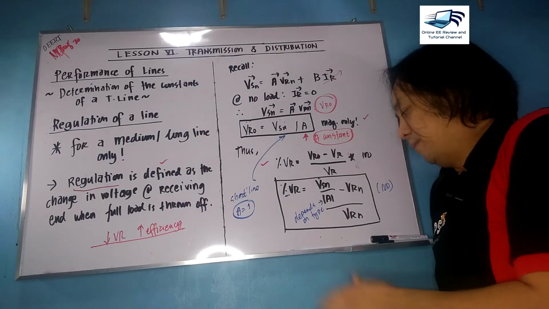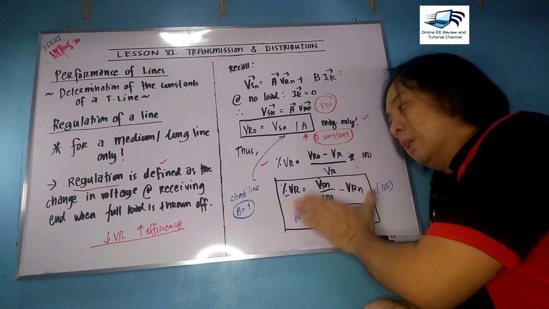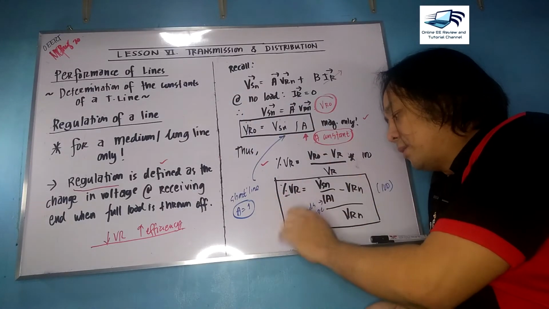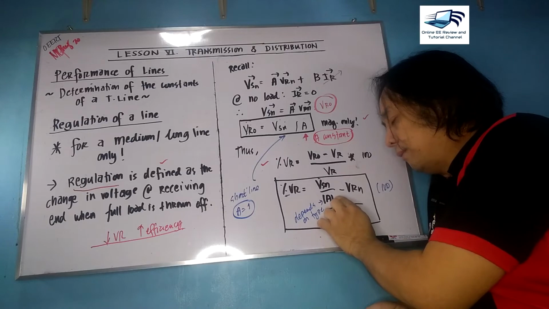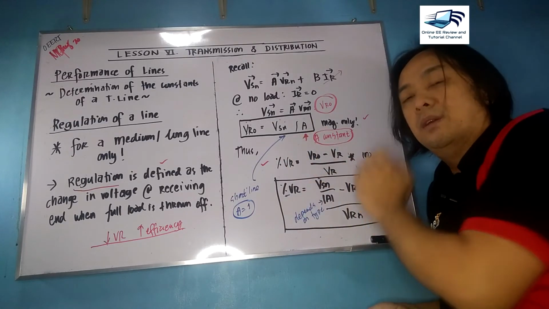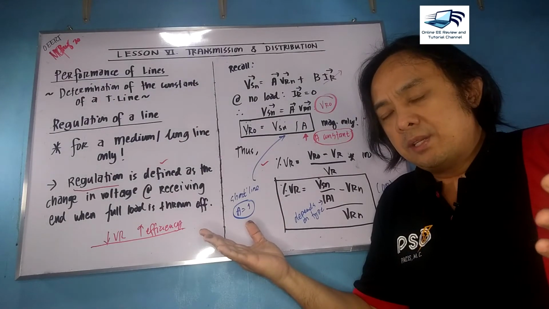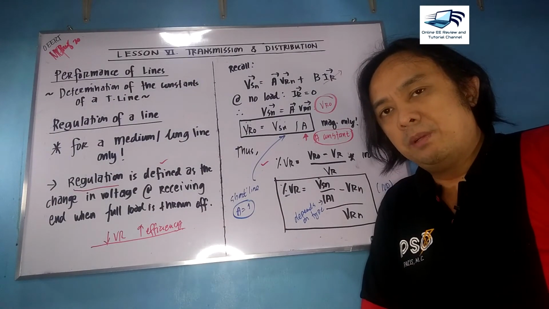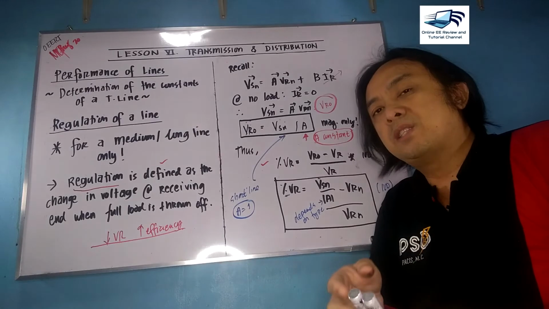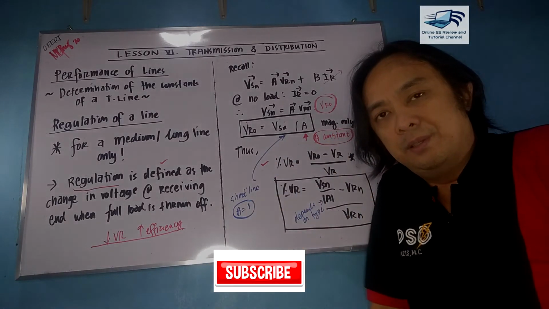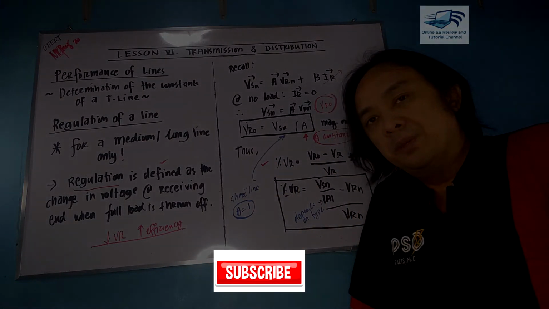So thus, this is the formula of a regulation in line depending on the A constant, or the general form. Okay, since we already discussed all of the principles and fundamentals, let's solve some problems on our next video. Stay tuned. Maraming pong salamat.